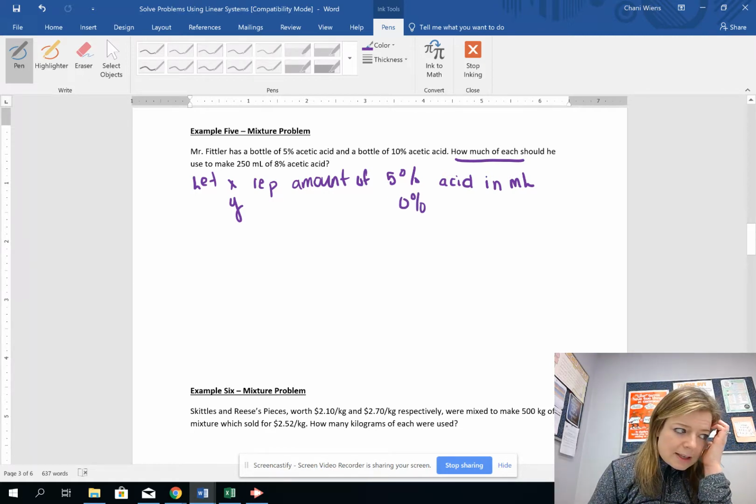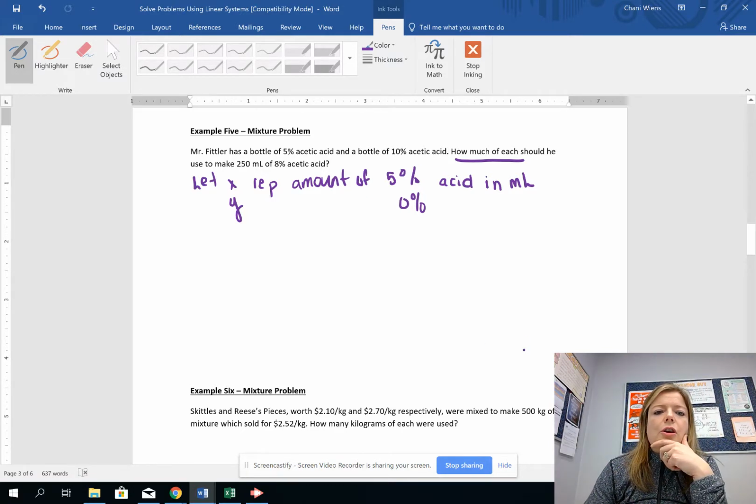Okay, so let's think about this. We have two totals. We know that we want to make 250 milliliters, and we know that we want it to be 8%. If these are each in milliliters, it makes sense that our first equation is x + y = 250.